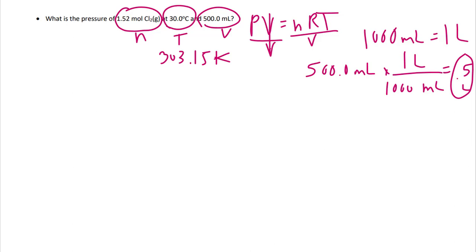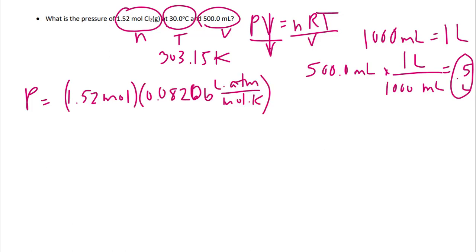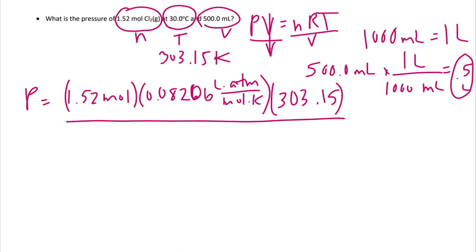So I've got pressure is equal to my moles, which is 1.52 moles. My R and my temperature, 303.15, all divided by a half of a liter.